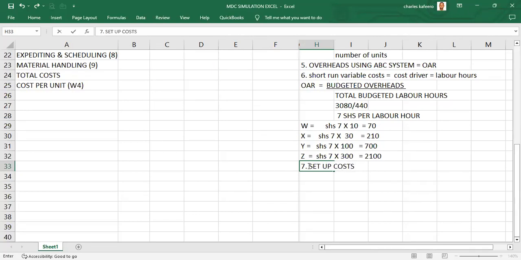What we first do is identify the cost driver. We said the cost driver for this is going to be the number of production runs. If we had the number of setups, it would have been the number of setups. But here, the cost driver is the number of production runs.